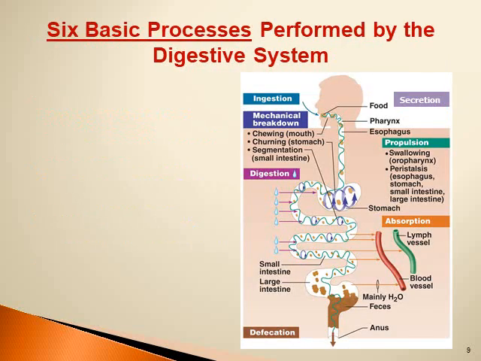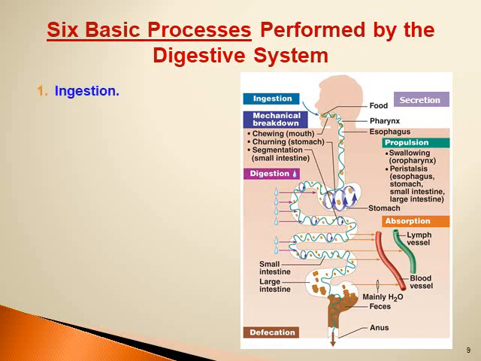There are 6 basic processes that are performed by the digestive system, and these will allow the digestive system to perform its function efficiently.